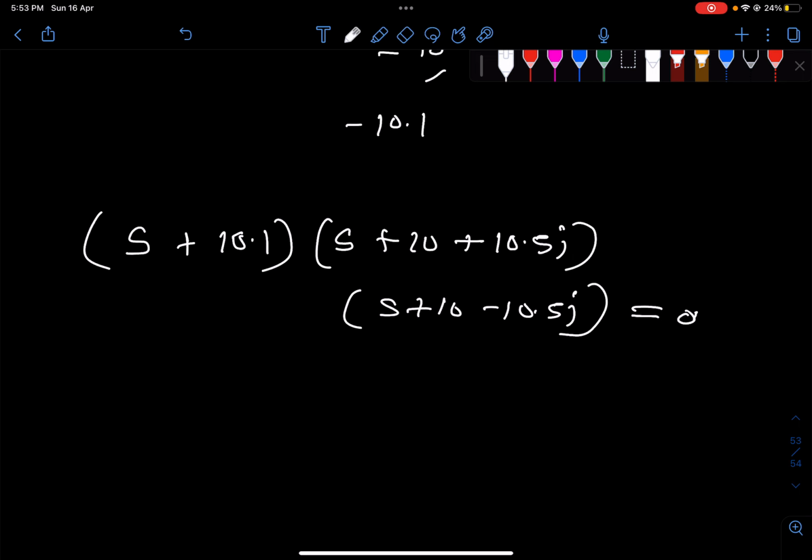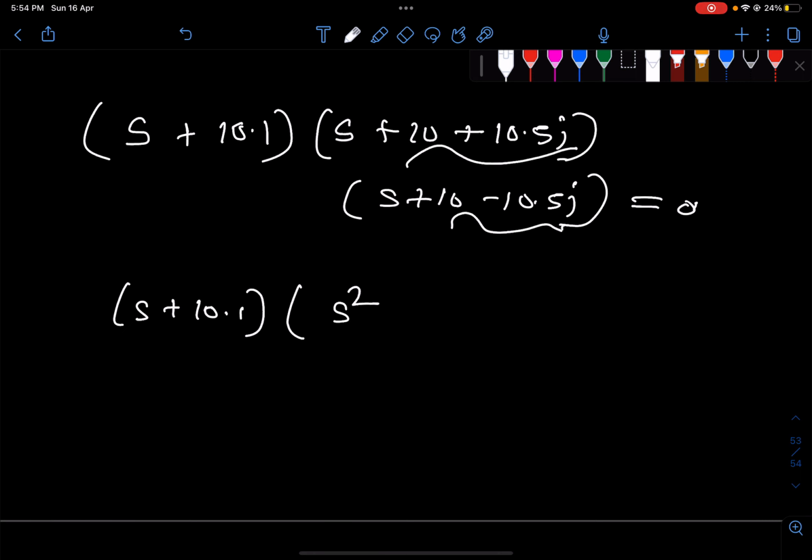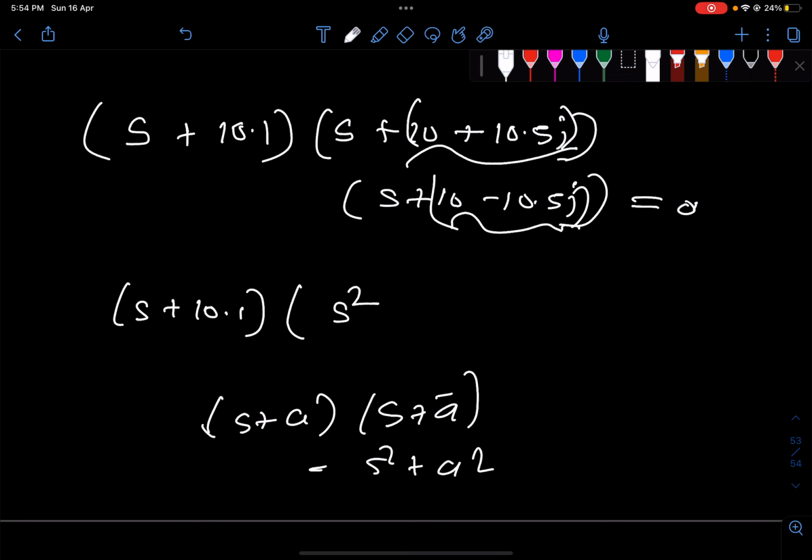Or in short, I will write this as s plus 10.1 into s square plus something. This a is a complex number and its conjugate. So x plus a into x plus a conjugate is x square plus a square, right? Check it. Is it right?